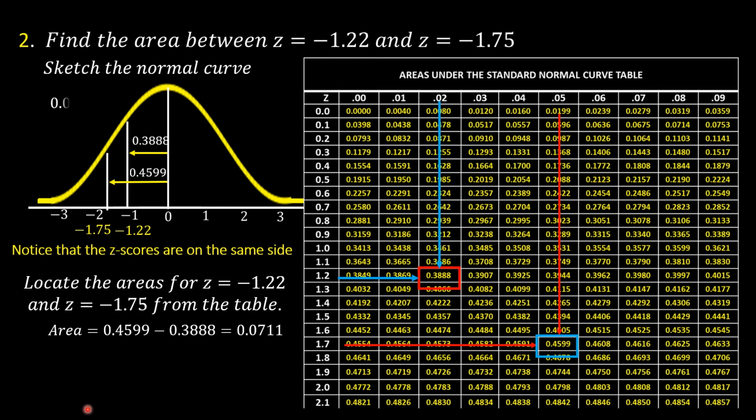The difference is the 0.0711. Let us shade the area. So the area between z is equal to negative 1.22 and z is equal to negative 1.75 is equal to 0.0711.